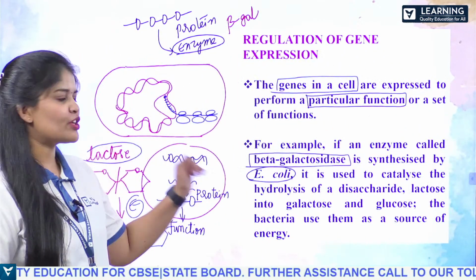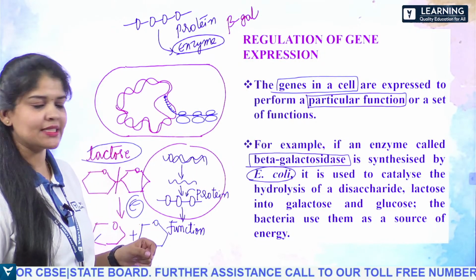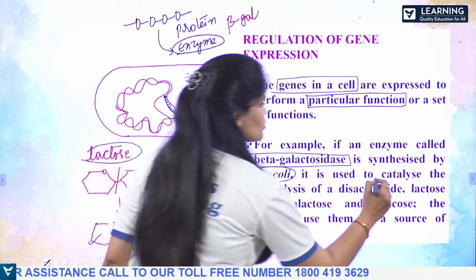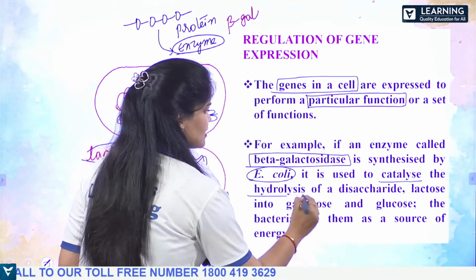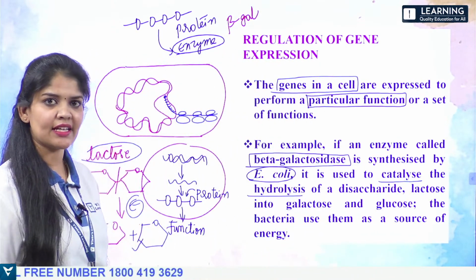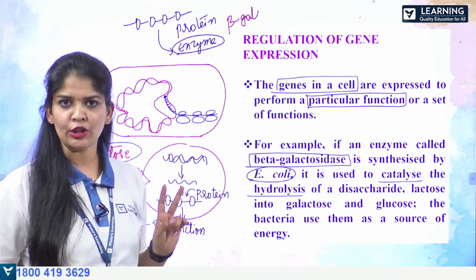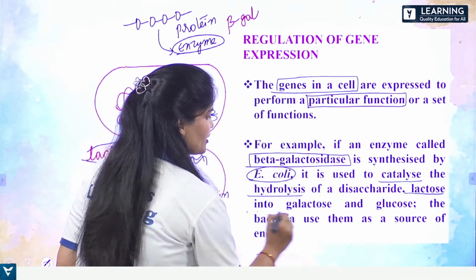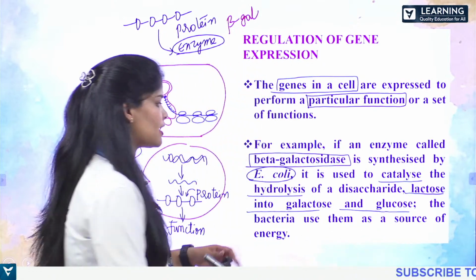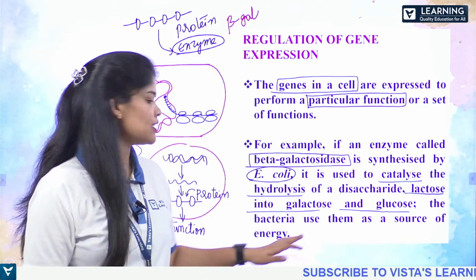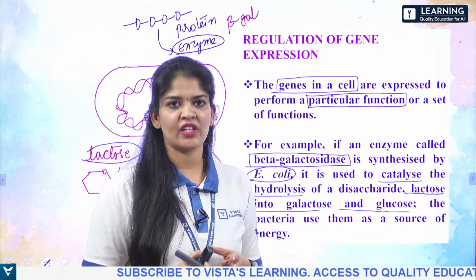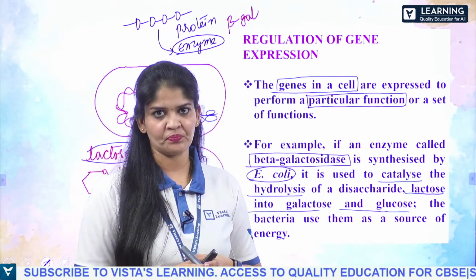So if beta galactosidase is synthesized in Escherichia coli to catalyze the hydrolysis of lactose, which is made up of two monosaccharide units, into galactose and glucose, the bacteria use them as a source of energy, and the produced glucose acts as a source of energy for the bacteria to grow.